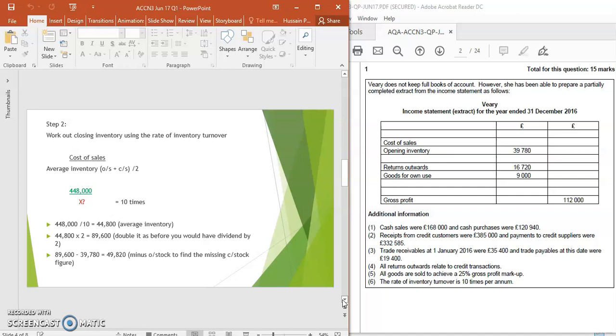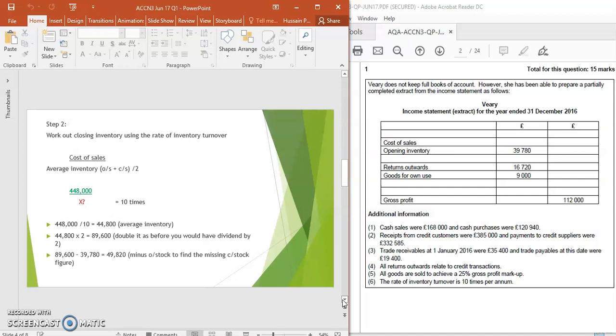If you divide that by x, we don't know what x is, but the outcome is 10 times, because they've told us that in the question. So 448,000 divided by x equals 10. To work out x, divide 448,000 by 10, and that gives you the average inventory. That is the missing figure.